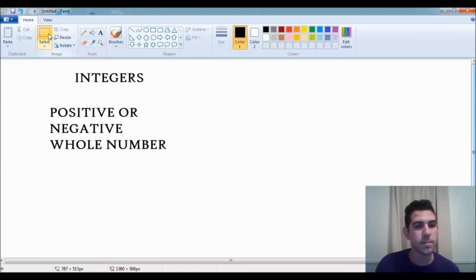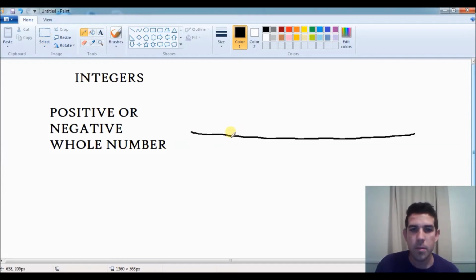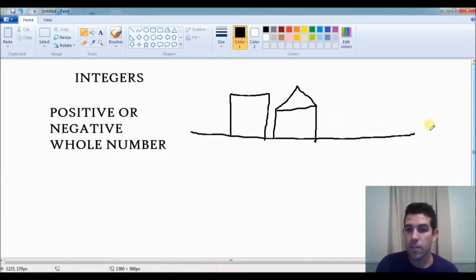Integers, positive and negative whole numbers, are seen on a number line, but in real life you see them usually below ground. So if we had this ground here, and maybe there were some buildings or some houses, you could think of ground level as 0.